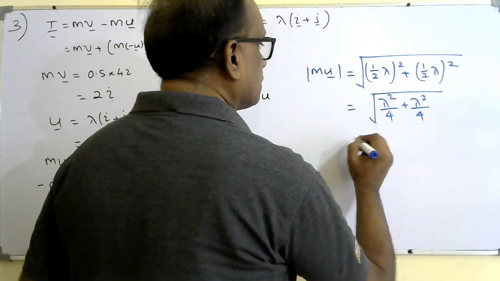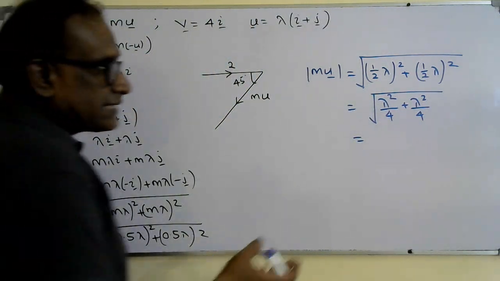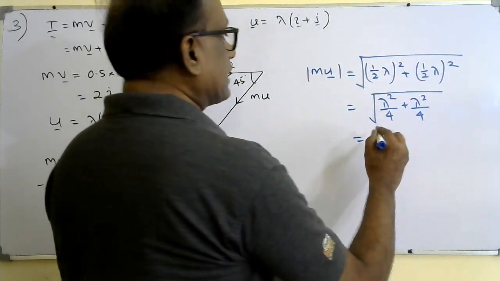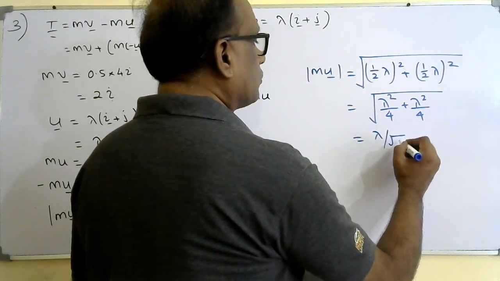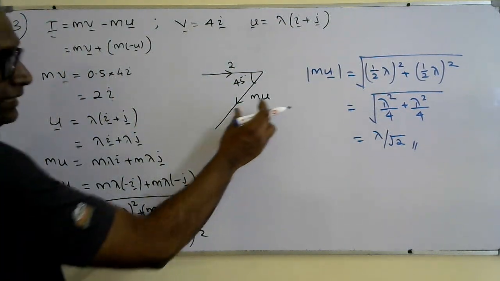That is 2 lambda squared over 4, that is lambda squared by 2. So that's going to be lambda over root 2. Lambda over root 2 is the magnitude of mu.